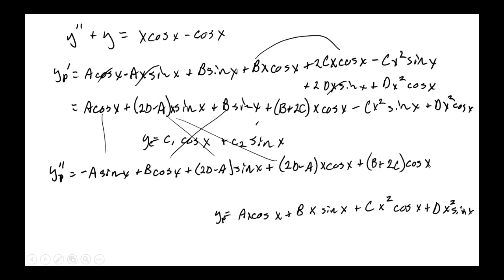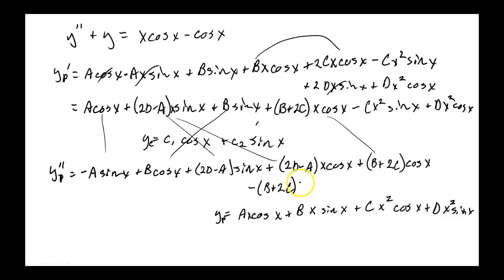Now do the second term from there. There's the first term. Second term from there is going to be a minus b plus 2c x sine x.